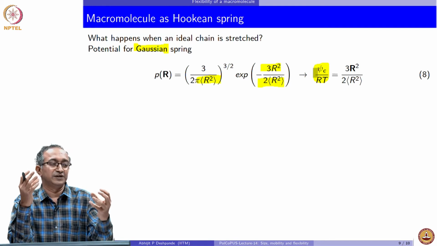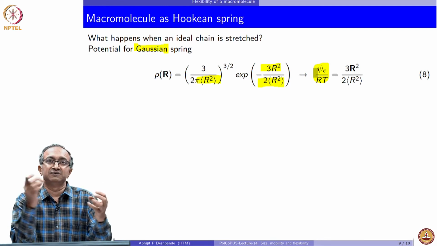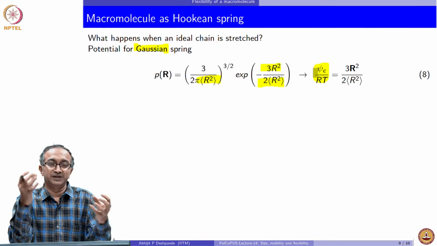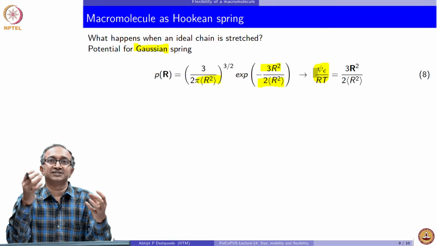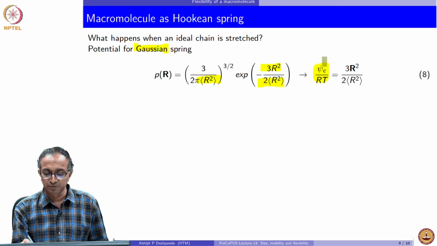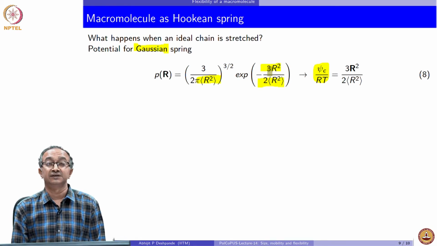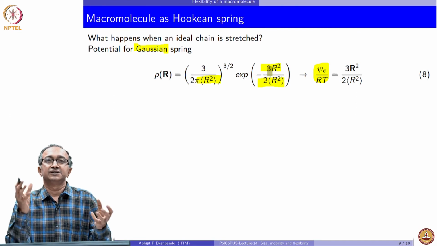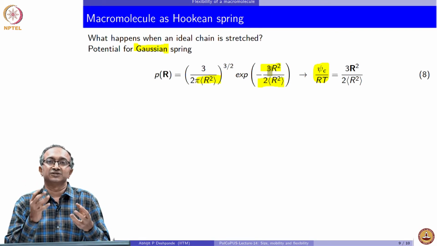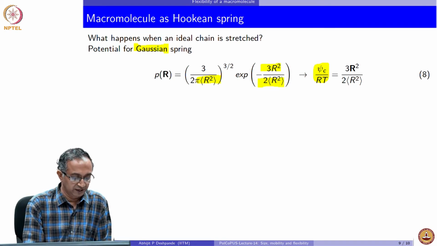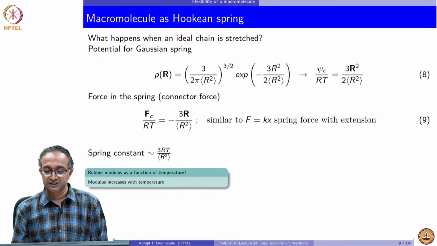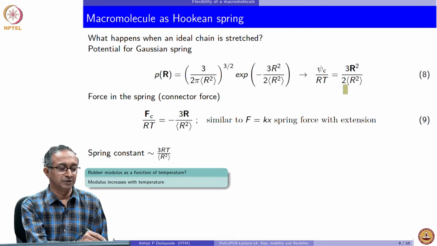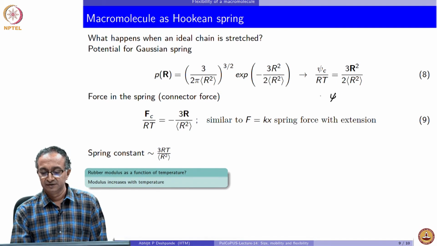We already talked about how we can think of a polymer chain as two beads which are connected by a spring. The spring is basically feeling some interaction, and the more the interaction, the length will be different. So this potential energy of interaction describes the distance between the two ends of the macromolecule. And of course, when we have a potential, if you remember, its derivative with respect to position gives us the force.